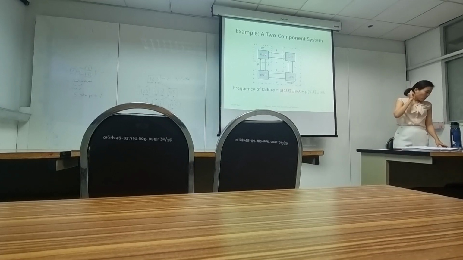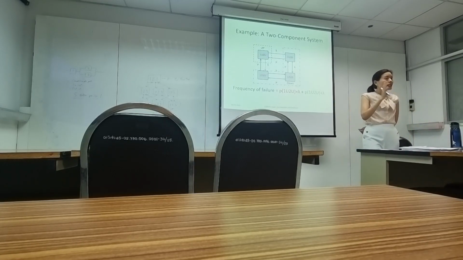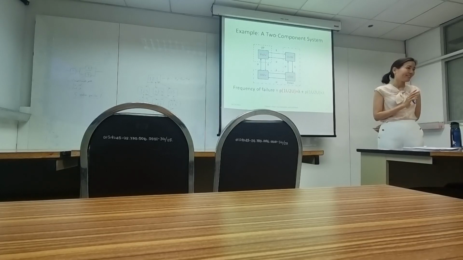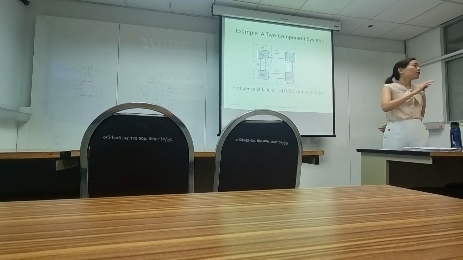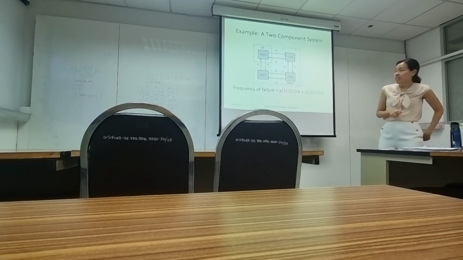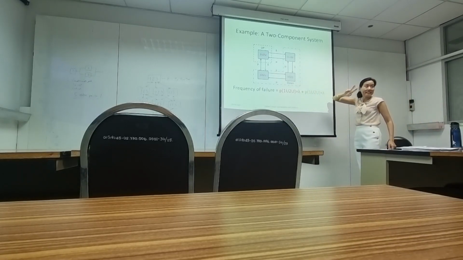Now, when we look at the frequency of failure, when we look at the frequency of anything at all, what we first do is we need to draw the boundary, okay? If we talk about the frequency of failure, we need to first identify what are the failure states. In this diagram, you have only 2 devices in series.